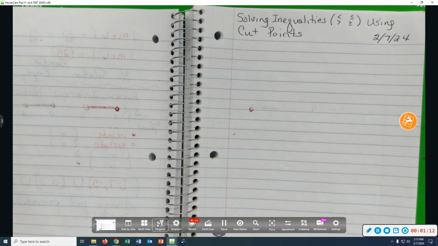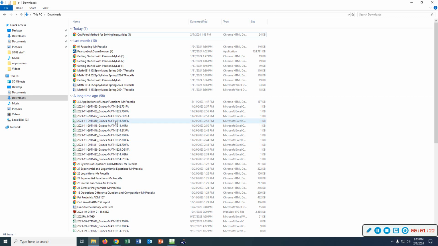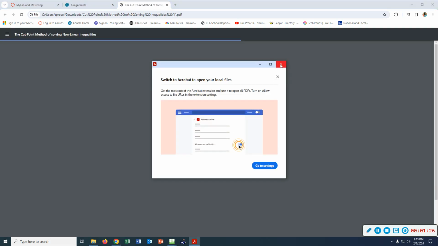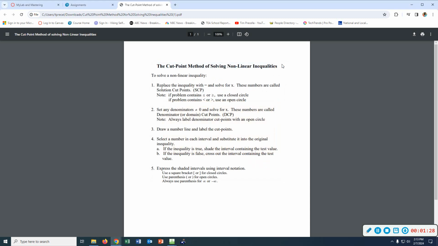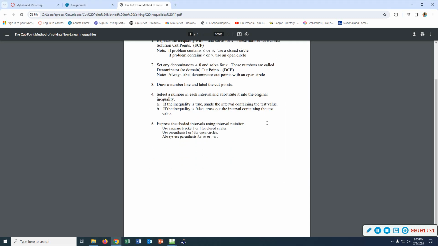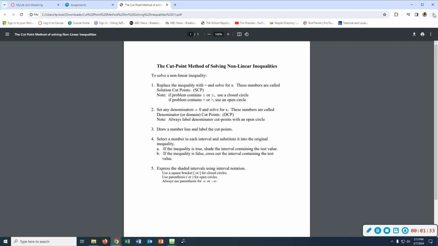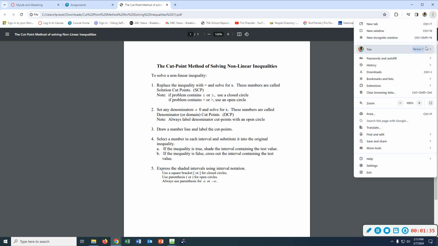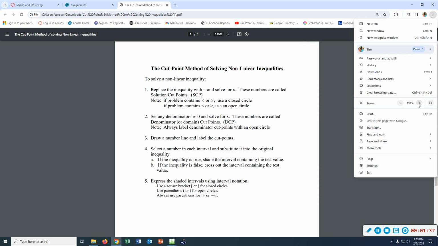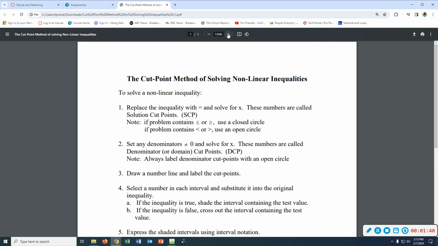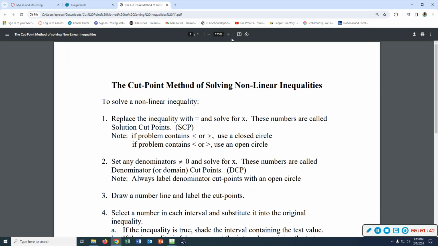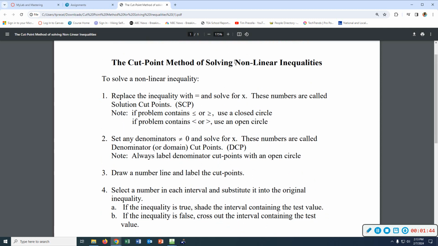Okay? Now, I'm going to pass around a sheet of paper with instructions for solving inequalities. I may as well just open it up right here. Let me see if I can make this a little bit bigger. Okay, so I'm going to pass out the sheet of paper for those of you that are in here right now.